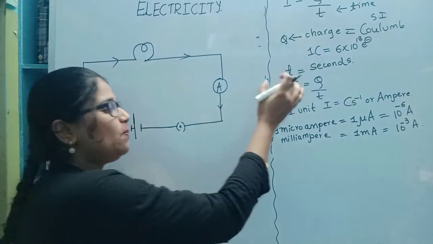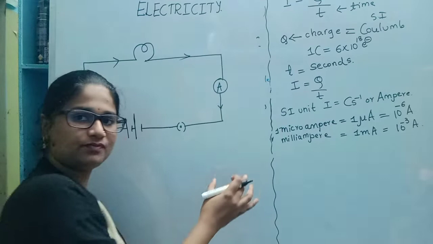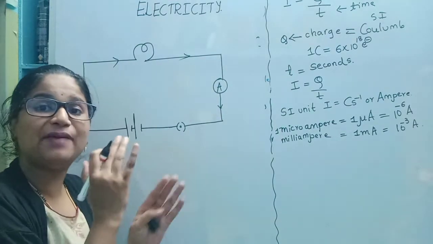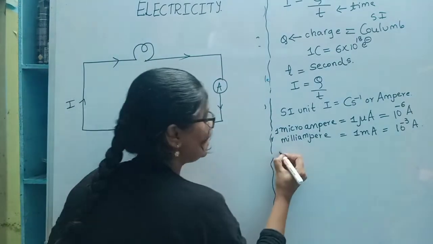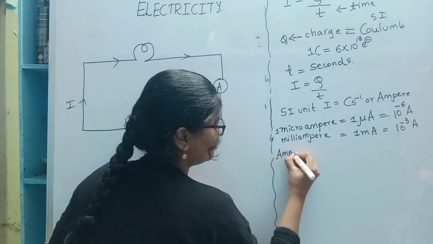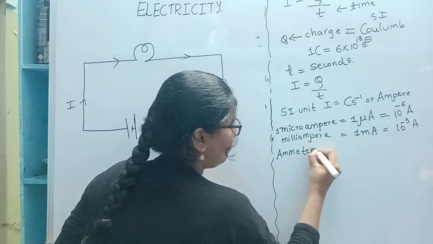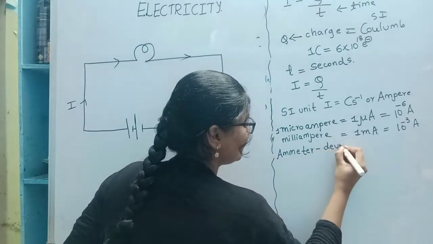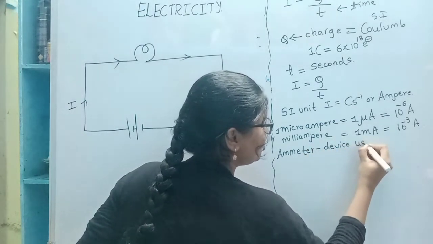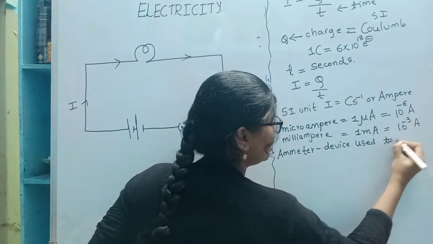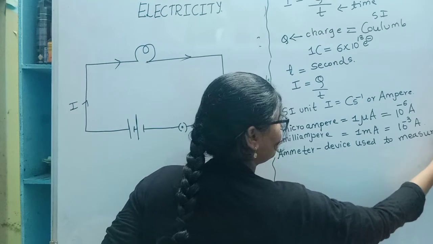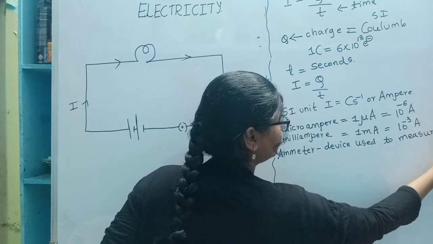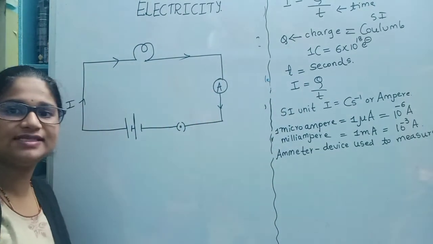Then, to measure how many amperes of current is being produced, we have a device named the ammeter. The ammeter is a device which is used to measure current. I represents current.